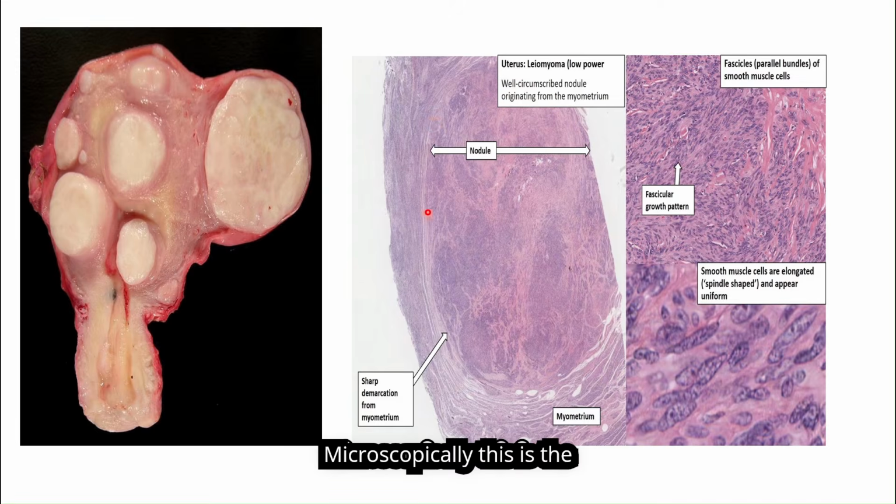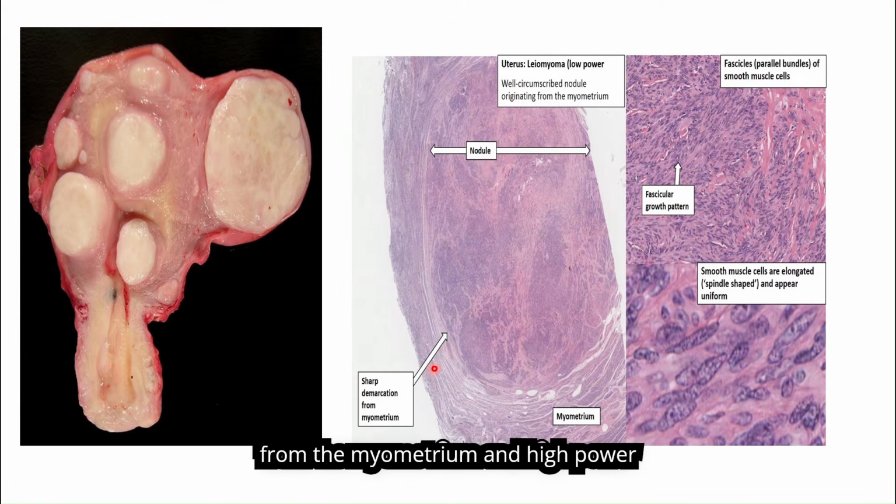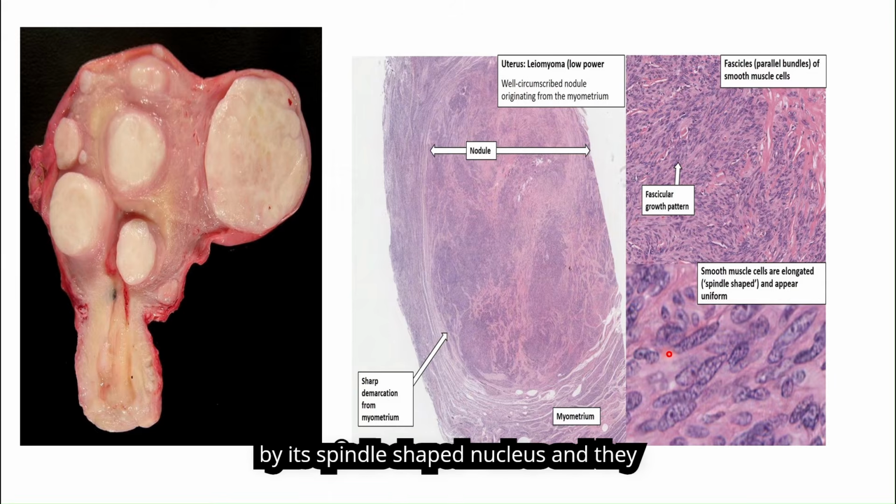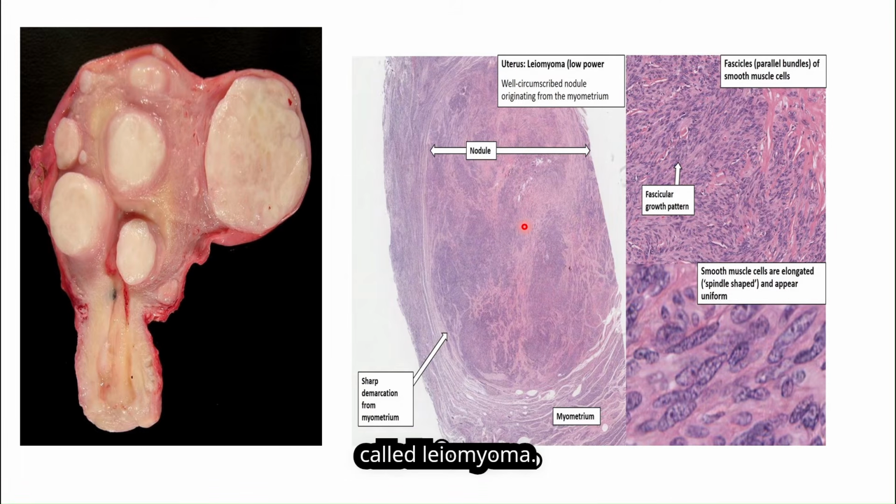Microscopically, this is the well circumscribed nodule showing sharp demarcation from the myometrium, and high power shows smooth muscle cell bundles in fascicular growth pattern, and you can identify smooth muscle cell by its spindle shaped nucleus, and they are uniform in nature. So this is the benign tumor of smooth muscle cells called leiomyoma.